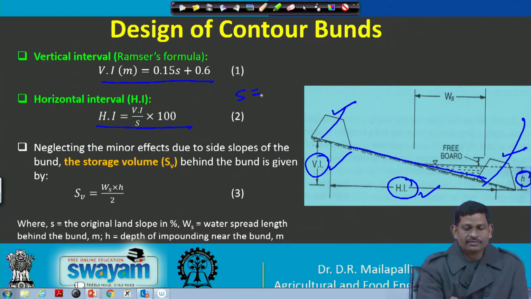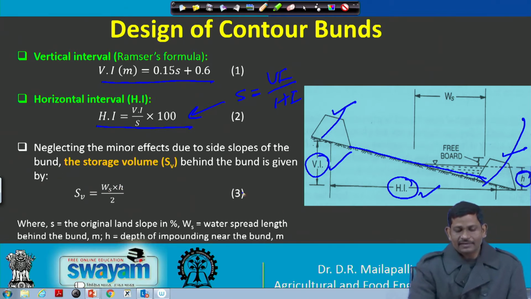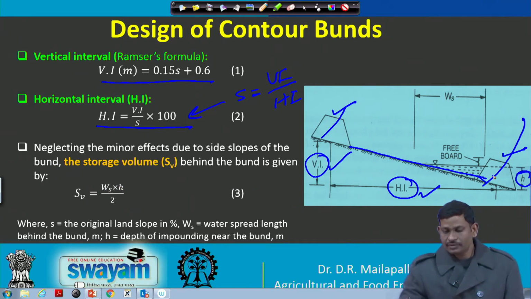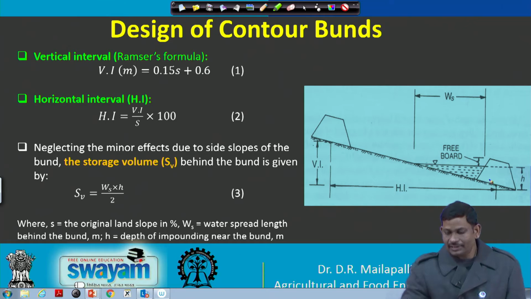Now slope is equal to vertical by horizontal, generally into 100. So the same equation will be used here, neglecting the minor effects due to side slopes. If you go back and look at the figure, side slopes are the interference of side slopes on water storage.